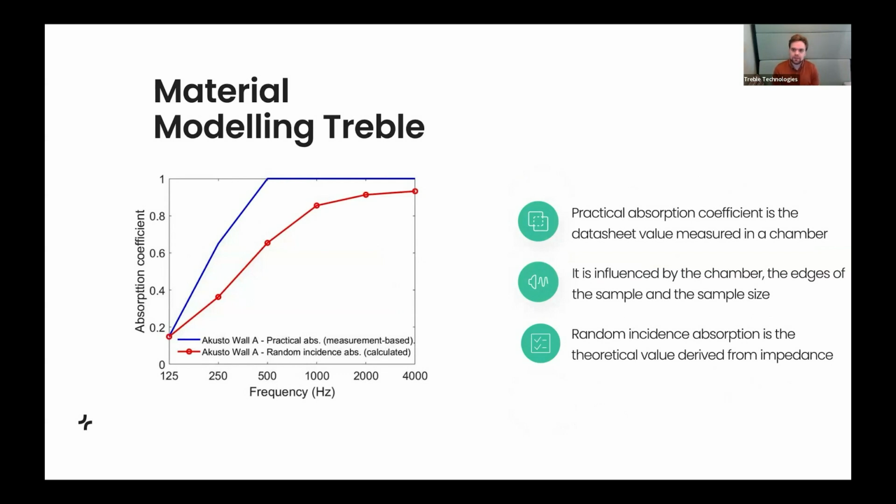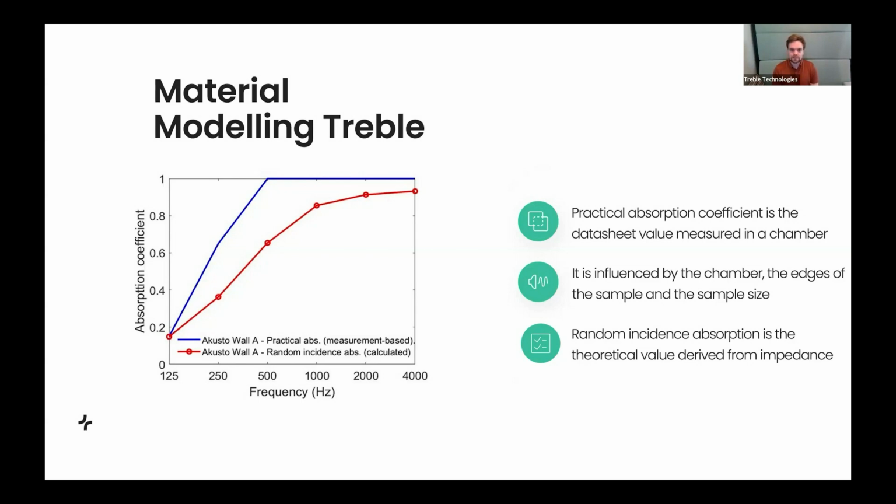So what does that mean in practice? This is here a repeat of what I've said. So that means that when you create a new material in Treble in the past using absorption coefficients, which by the way is still an option, we have to reverse engineer the most likely impedance value based on the absorption coefficient that you input. And we have some documentation on how we do that on the website, so I will not go into the details here.